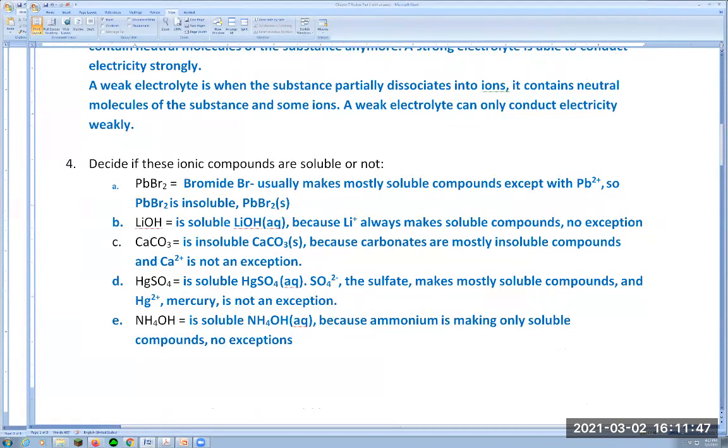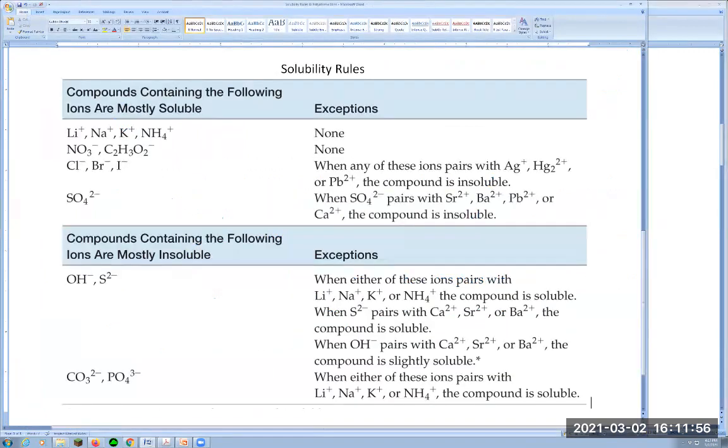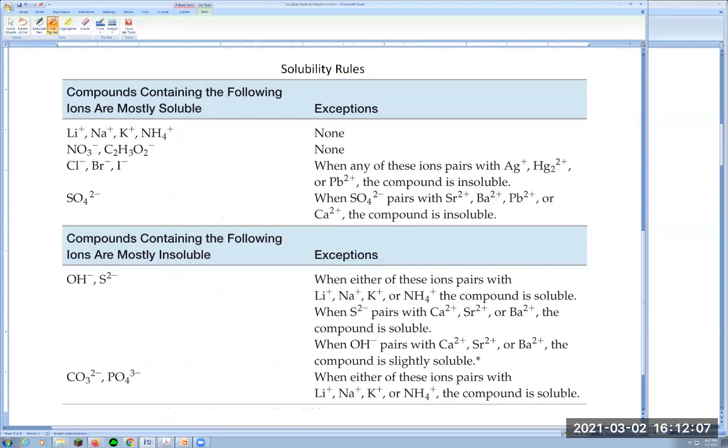And another thing is that sometimes tables say it's slightly soluble. For example, calcium hydroxide. Well, actually here, if you look at this table, it says when OH minus pairs with calcium, strontium, barium, the compound is slightly soluble. So you may wonder, then what do I put when I have an equation that has a slightly soluble compound? Because it's only slightly soluble, it's not fully soluble.